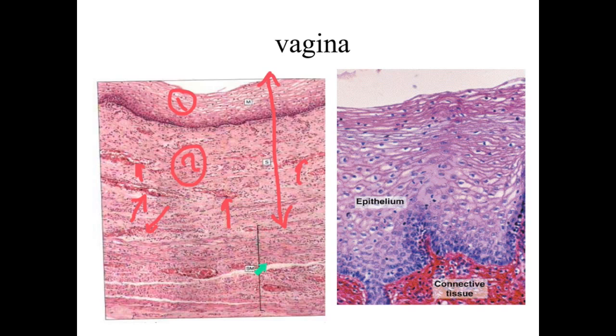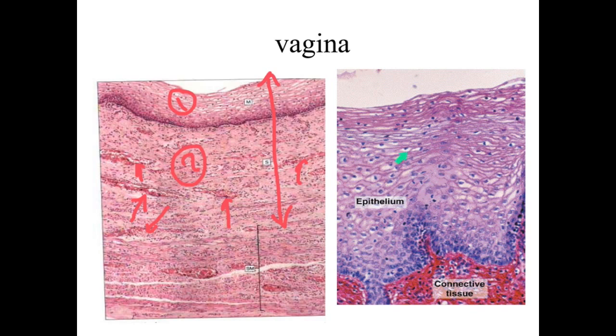Actually the muscle is not well developed in this organ. And finally we have the fibrosa, or the adventitia, because it is not covered by peritoneum. Here we have the epithelium, non-keratinized stratified squamous, resting on the connective tissue corium.